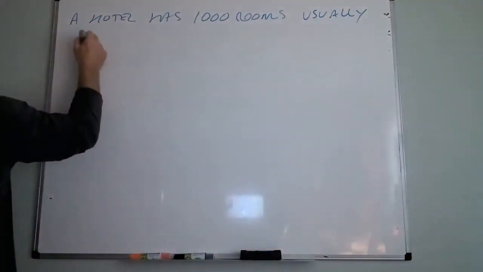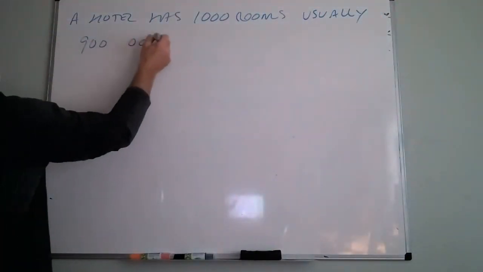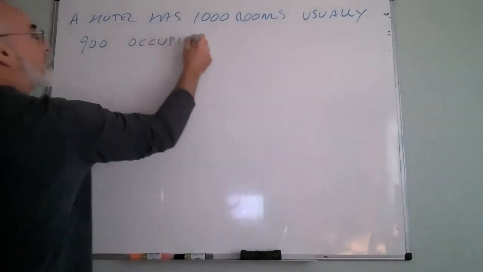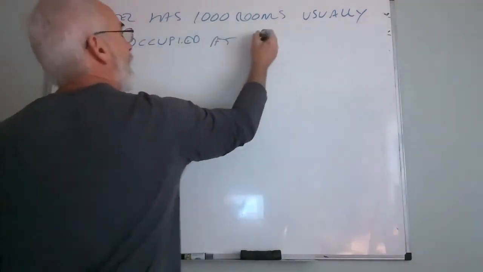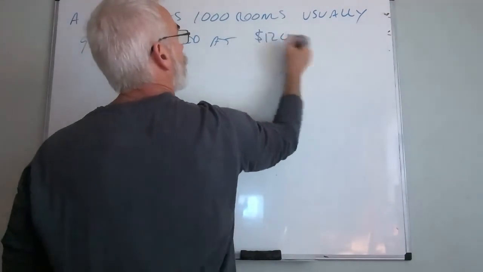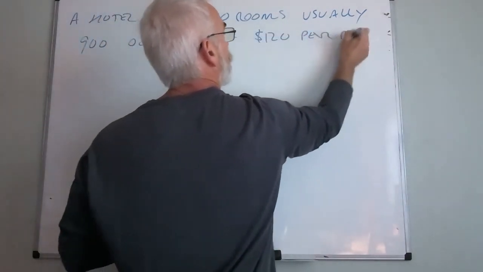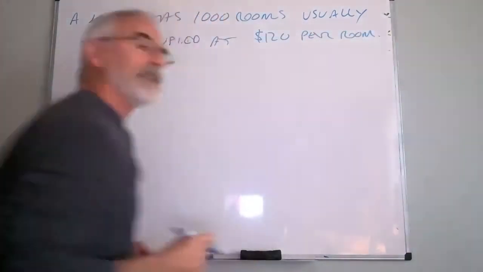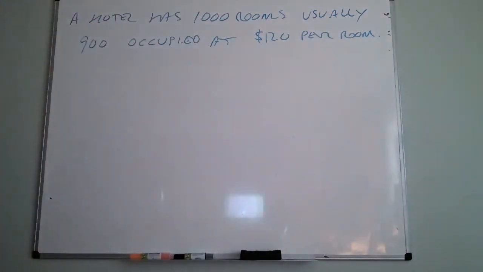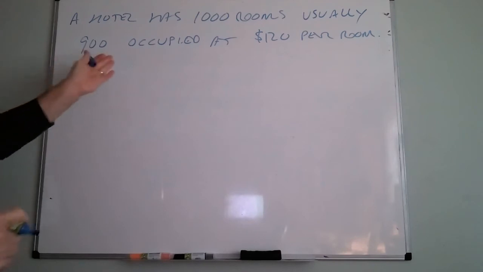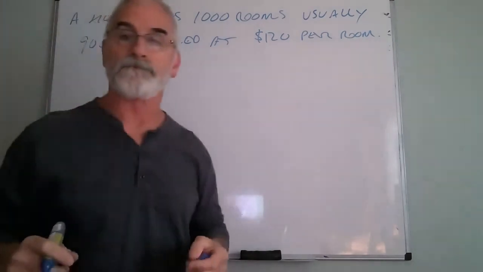Usually, let's say 900 are occupied. Let's keep it real simple, at $120 per room. Okay, so let's say that this is the situation right here. A hotel has 1,000 rooms, usually 900 are occupied. All right.